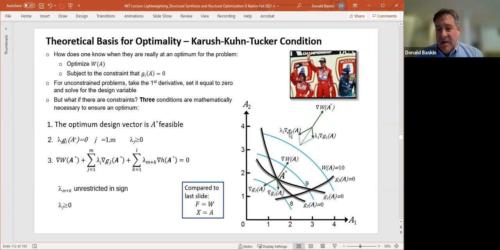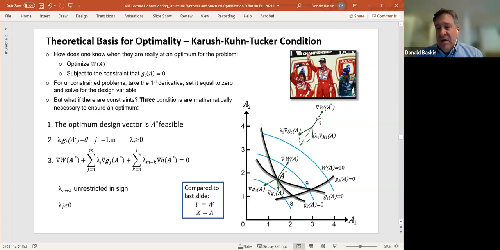If you look at the gradients for G1 and G2 at that location, they go in different directions. But if you multiply them times these Lagrangian multipliers, L2 and L1, then they can resolve into a vector that is parallel, but not necessarily the same length, as the gradient of the objective function W.